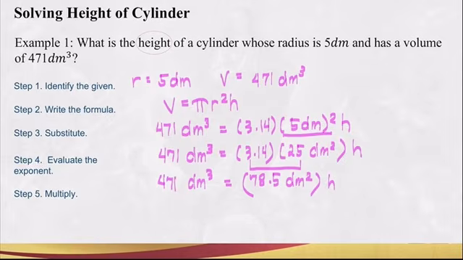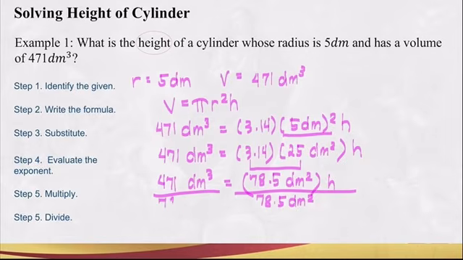So, para maalis yung katabi ni h, we will divide both sides by 78.5 dm squared. Ang ipang di-divide natin ay kung ano yung number na katabi ni h. Makakancel po ito kasi when you divide a number by itself, that is equal to 1. So, ang matitira na lang natin ay si h. 471 divided by 78.5.